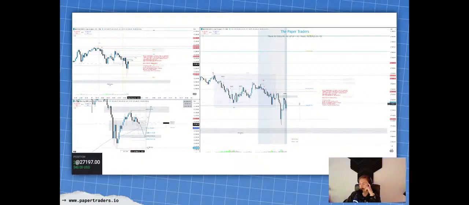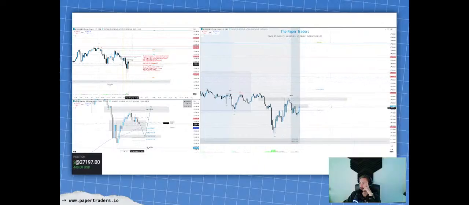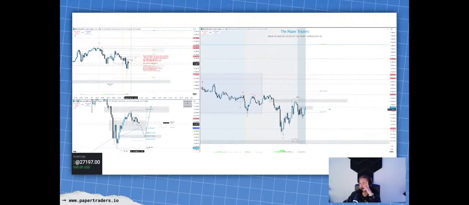Back at this 1 minute fair value gap right now. Right, like I said, we need through this thing in order for us to get back into this area there. I got 2 more minutes left on this 5 minute candle, last of the 15-minute candle.